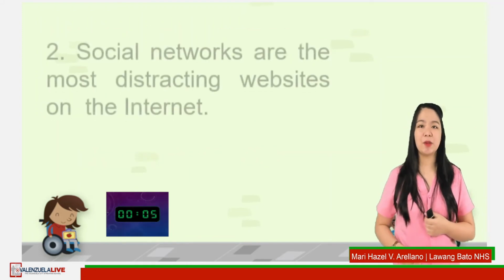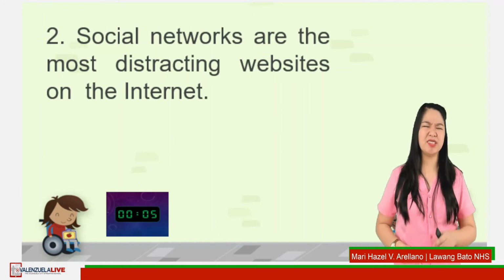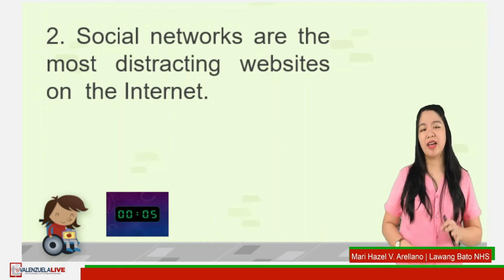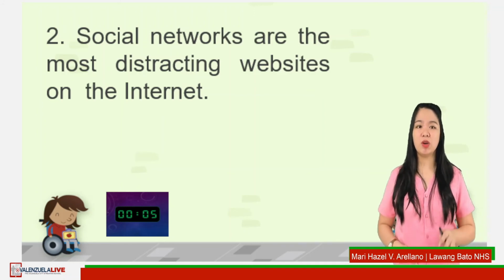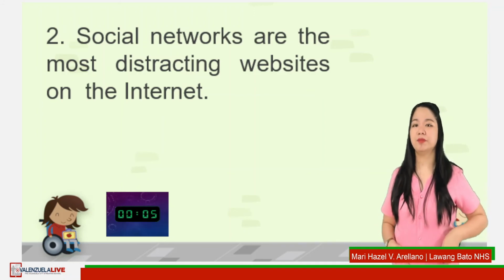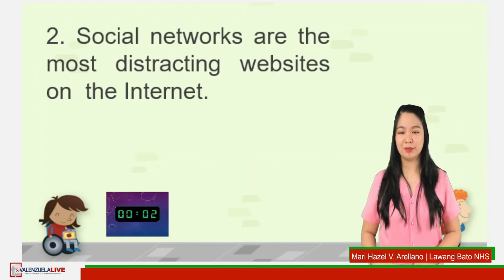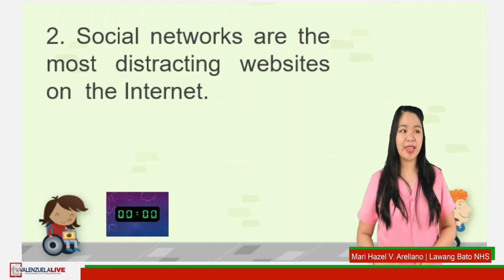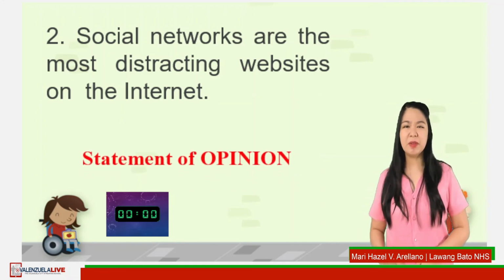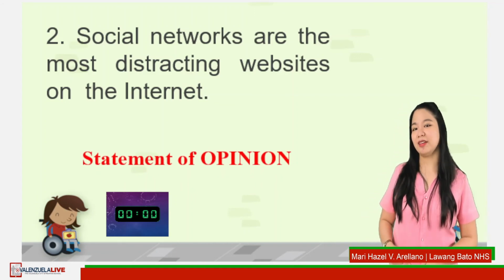Next sentence: social networks are the most distracting websites on the internet. You have 5 seconds to identify what type of statement it is. If your answer is statement of opinion, then your answer is correct.